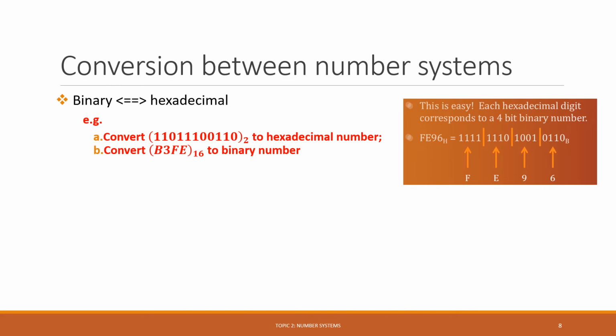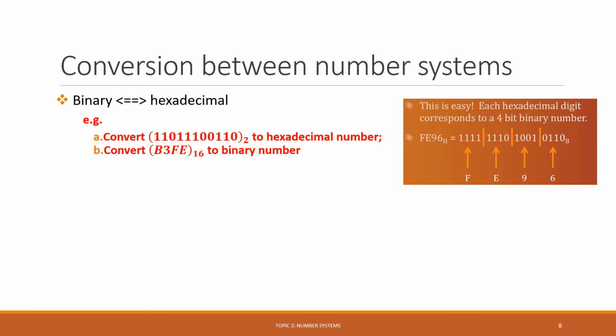Now let's look at the conversion between hexadecimal and binary. As I stated before, hexadecimal is basically a clearer way to represent a long binary number. Because if we have a very long binary number, it gets hard to read and easy to make mistakes when handling it.